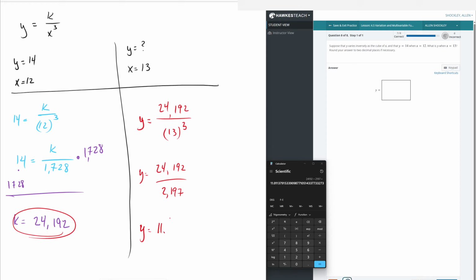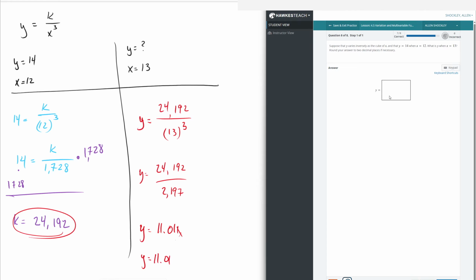Y equals 11.011. It says round to 2, so I just need to write 3 of these out. The 1 does not change, so y equals 11.01. And that should get us to the end.